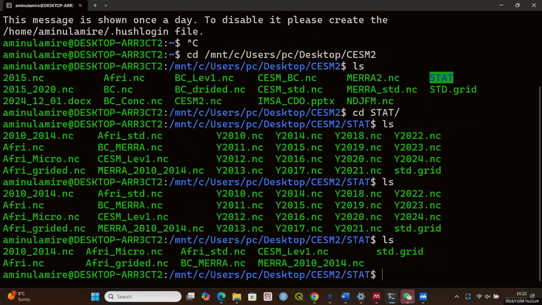Yeah, so we can subtract our two files. We just need to do CDO sub, then space, then your input file, which is this one, the model, the Afri micro.